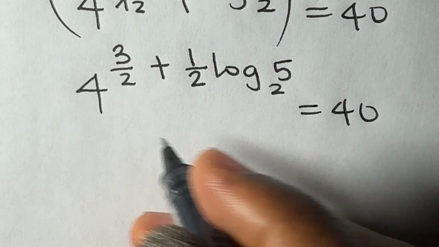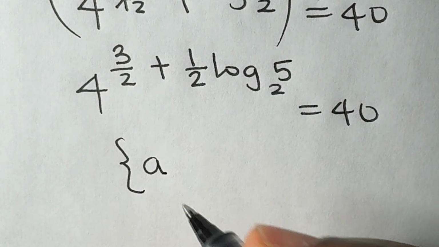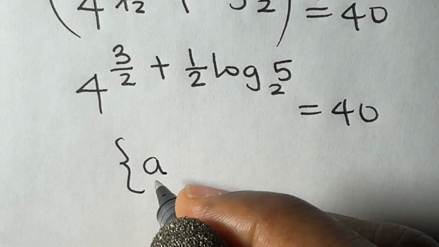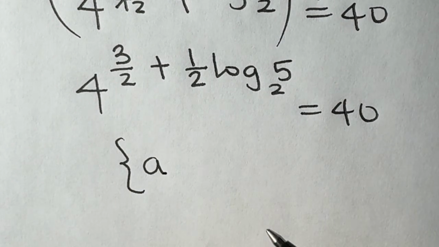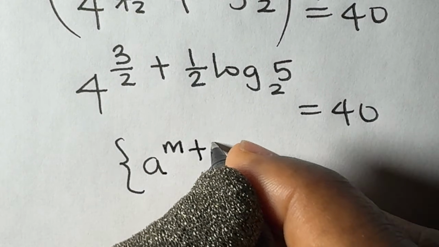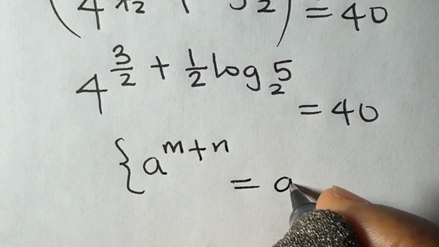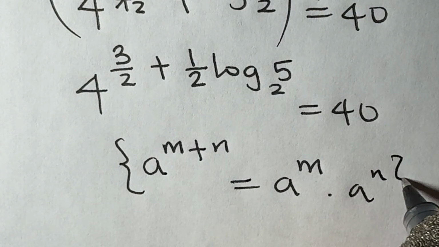Now we can separate these powers using this law of indices. A raised to power m plus n is equal to a raised to power m times a raised to power n.